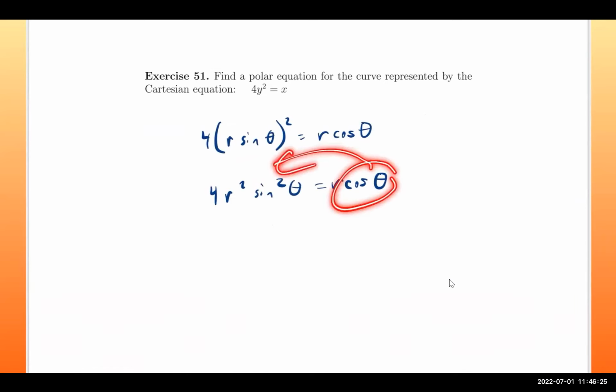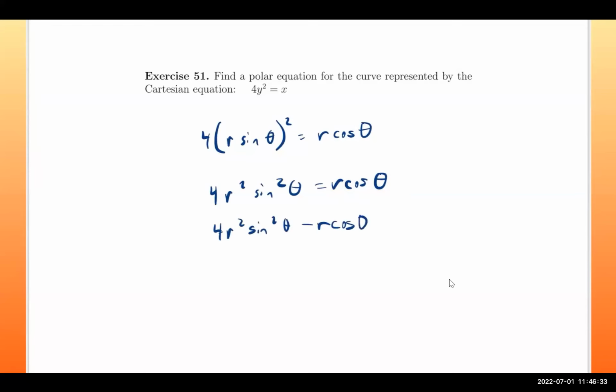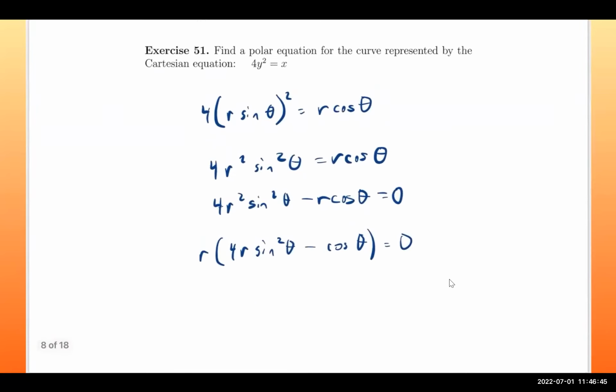We can subtract this term over to the left side, and you'll get 4r squared sine squared theta minus r cosine theta equals 0. We can factor out an r: r times (4r sine squared theta minus cosine theta).